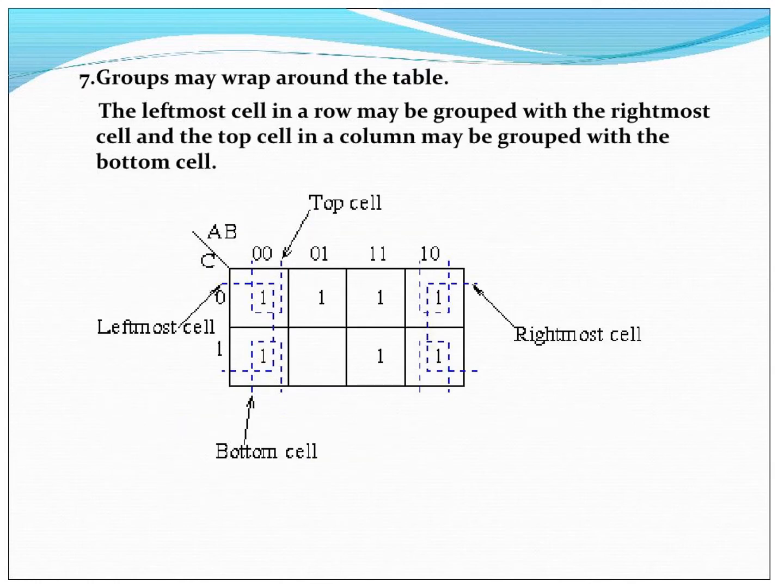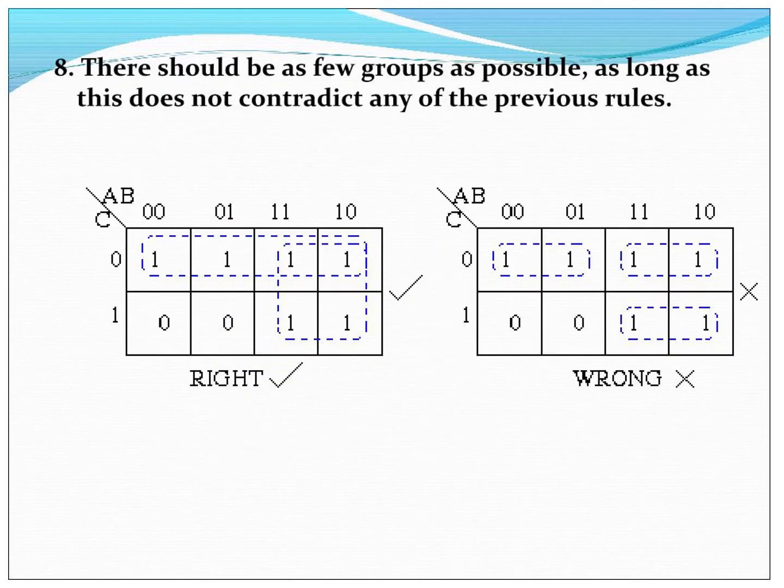Groups may wrap around the table. The leftmost cell in a row may be grouped with the rightmost cell, and the top cell in a column may be grouped with the bottom cell. This is what is called moving around the edges. There should be as few groups as possible, as long as this does not contradict any of the previous rules.